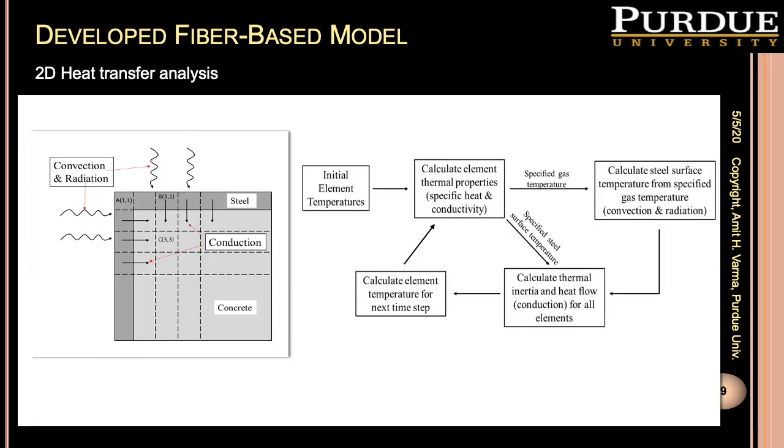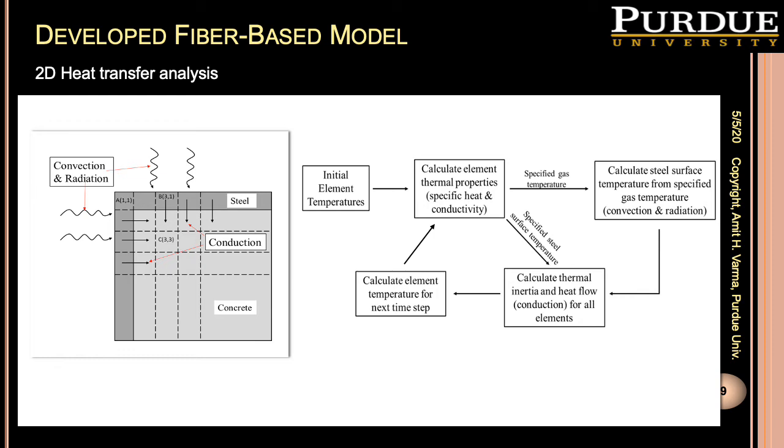The first step in fiber-based analysis is a two-dimensional heat transfer analysis, where the temperature of each node and element of the section is calculated based on the thermal properties of the elements. Heat can be transferred in three different ways, which are conduction, convection, and radiation.